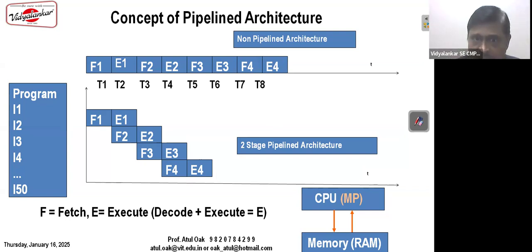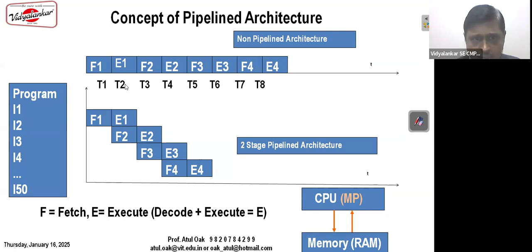Now the question is, what is the benefit? Benefit is visible on your screen if you are with me. Benefit is, you must have noted, to complete execution of 4 instructions, I need time up to T8. Observe it.